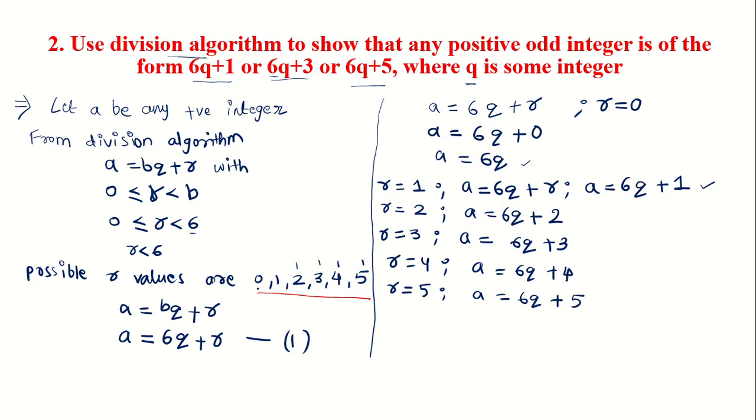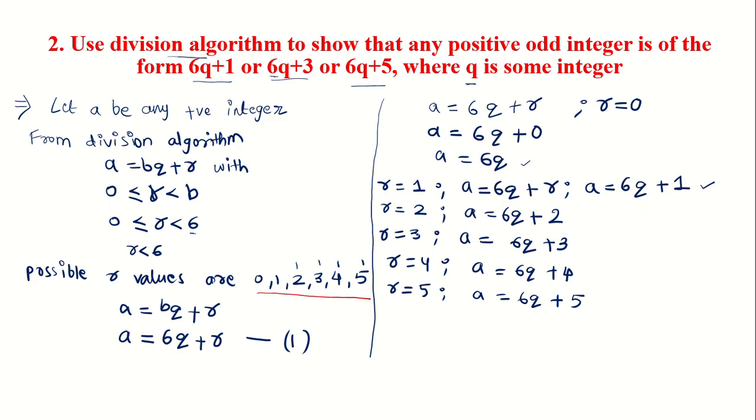So, the possible r values that are 0, 1, 2, 3, 4, 5, when substituted in the division algorithm equation a equals bq plus r, we get the following equations. When r equals 0, a equals 6q. When r equals 1, a equals 6q plus 1.